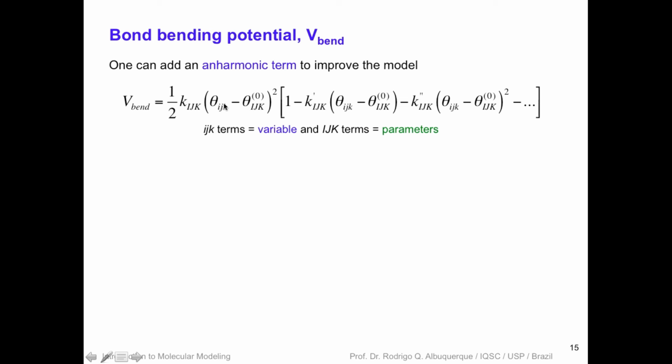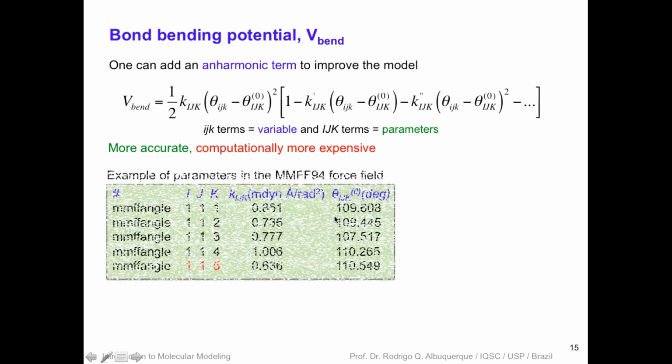There is only one variable here, which is this bond angle, which changes along the simulation. And this is more accurate, of course. There are more parameters. It describes a little bit better regions far away from equilibrium, but it's computationally more expensive. So it takes more time to calculate this bond bending according to this equation.